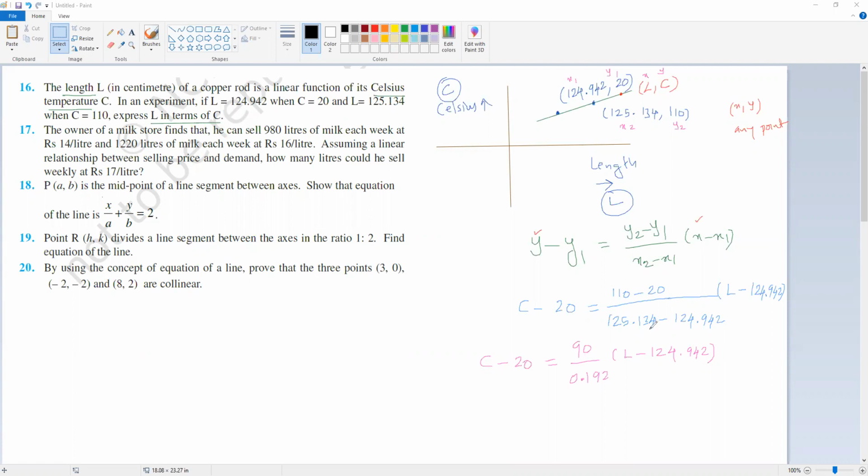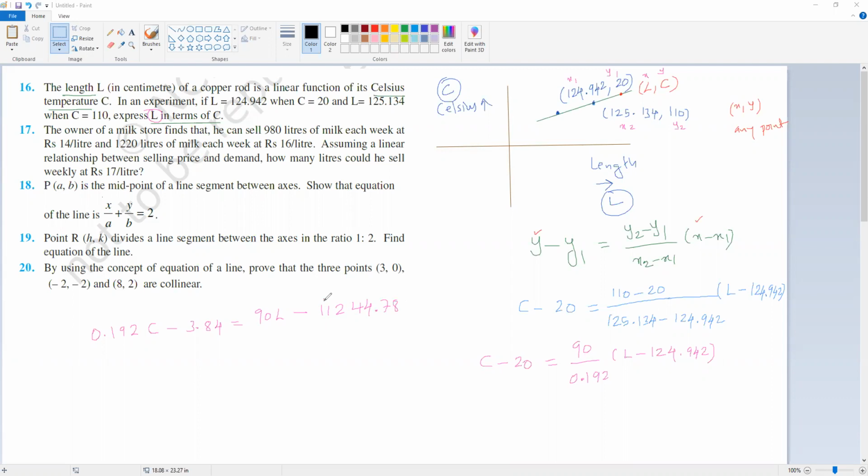Now we have to express L in terms of C. So cross multiply. 0.192 into C minus 0.192 into 20, which is 3.84, is equal to 90 L minus 90 into 124.942, which is 11244.78.